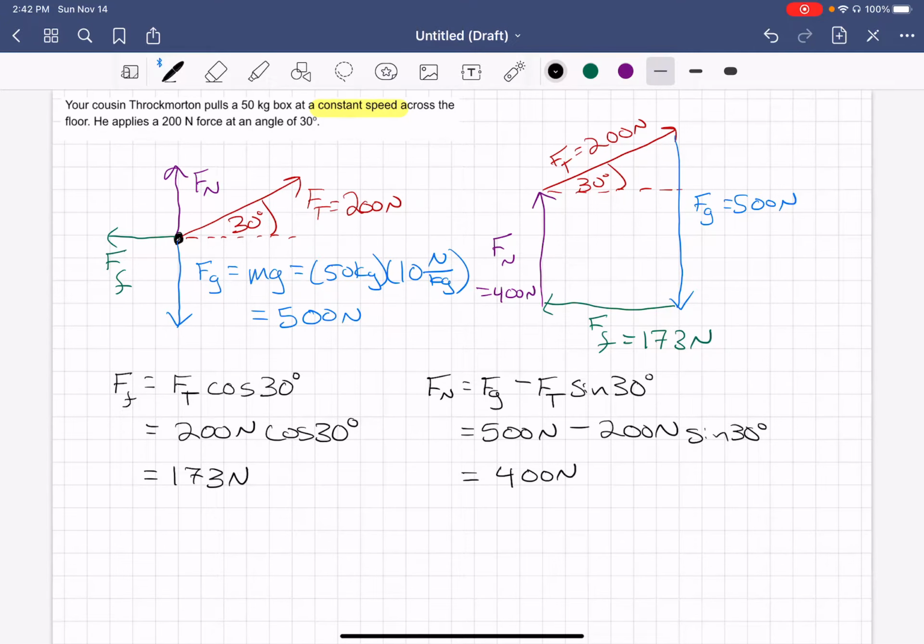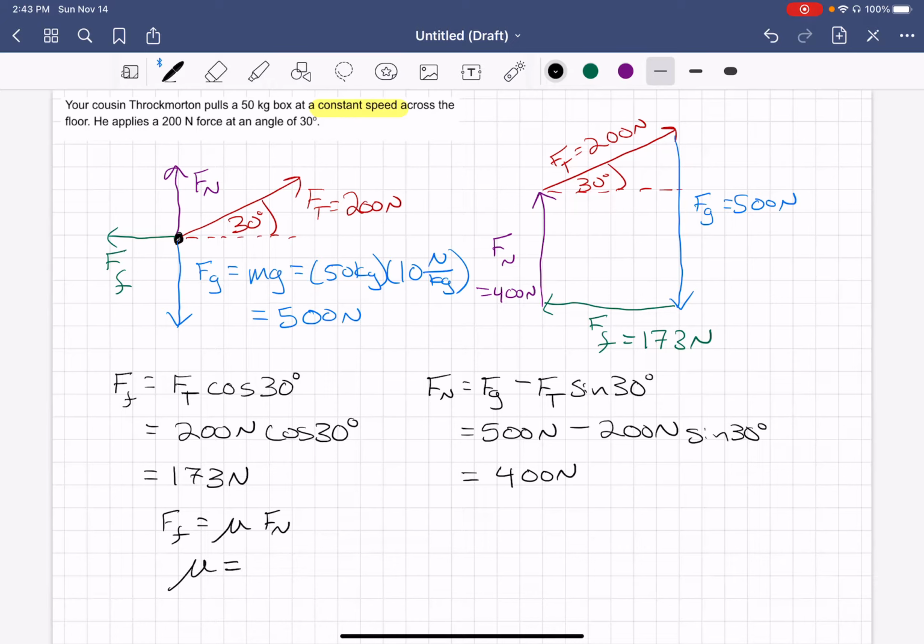Now there's one other number I can calculate based on what I've done so far, and that's the coefficient of friction. When this box is sliding across the floor, that kinetic friction is going to be at its maximum value. So the force of friction must be equal to the coefficient of friction times the normal force.